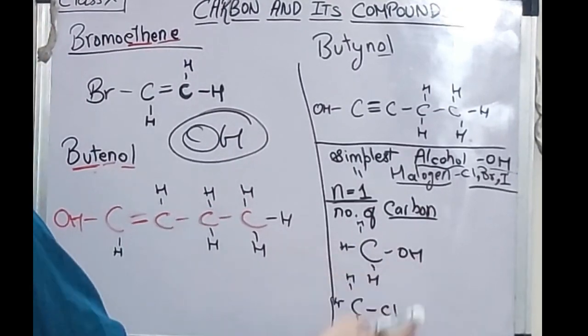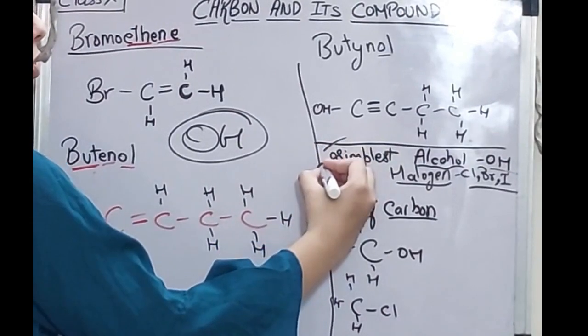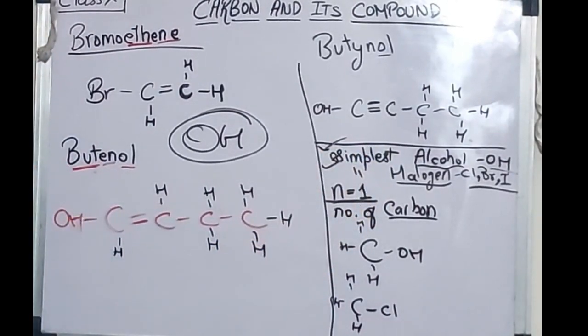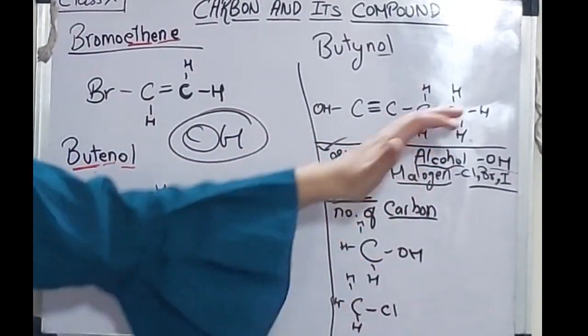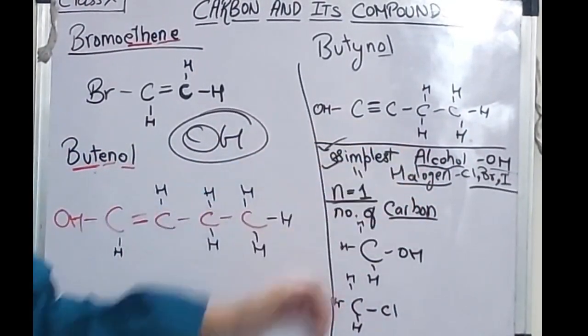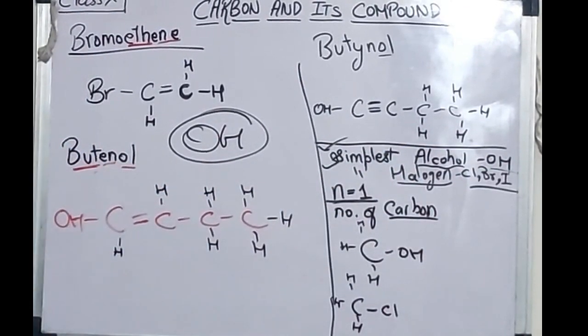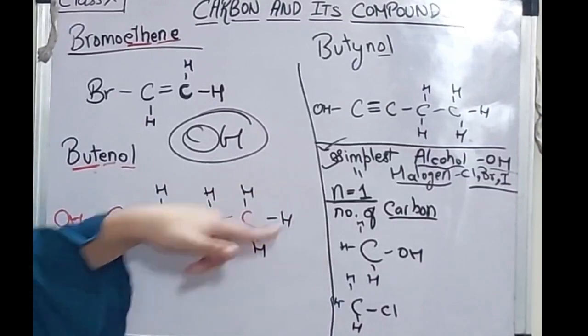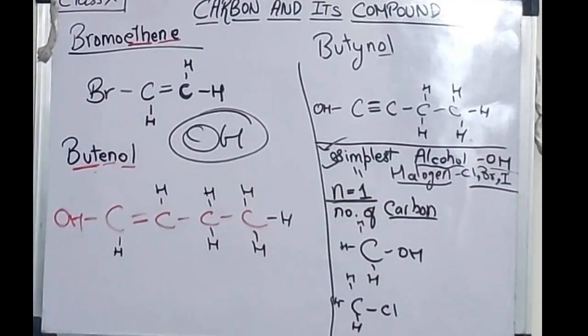I know it looks very easy now, but we'll get to know why I introduced these terms in the next video itself. So for the simplest alcohol OH, simplest halogen chlorine, bromine, iodine, you connect with one carbon. Because the functional group itself doesn't have any carbon, you need at least one.